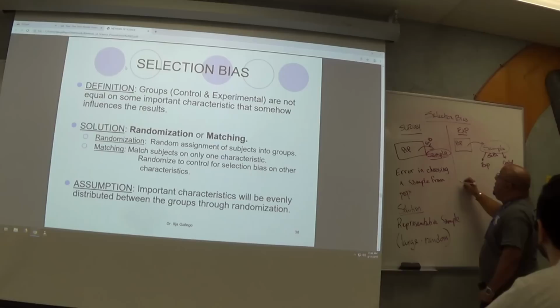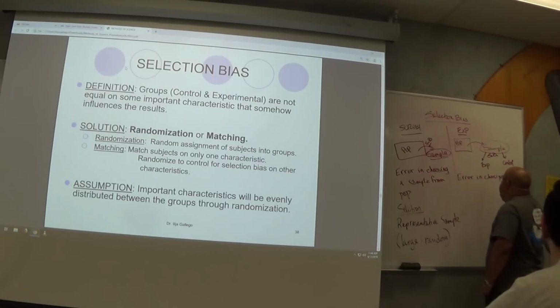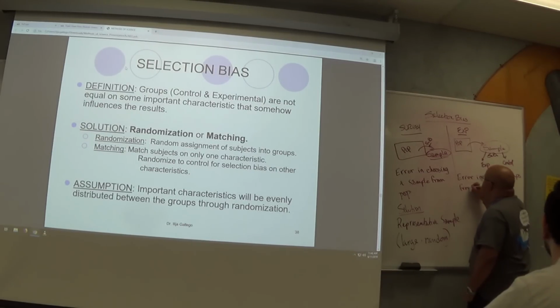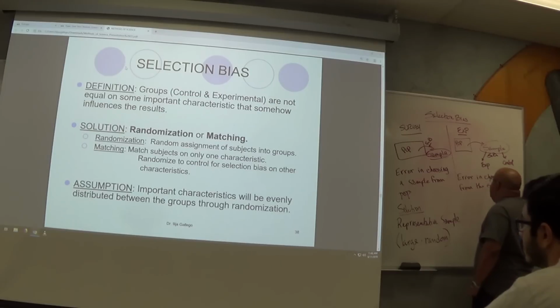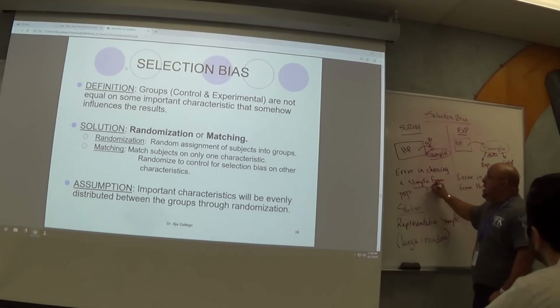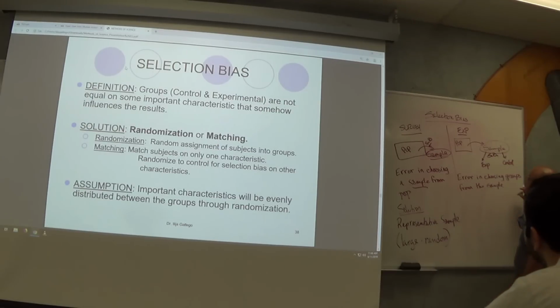So here, selection bias is the error that we make in choosing groups or selecting groups from the sample. So selection bias in a survey is about how we choose a sample. Selection bias in an experiment is how we choose groups from the sample.